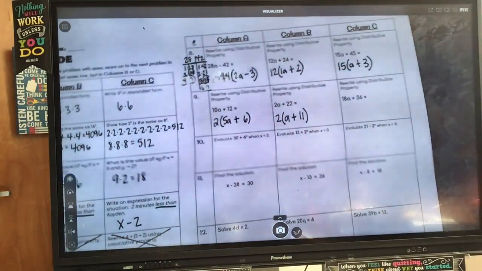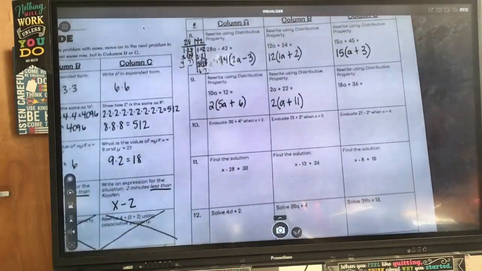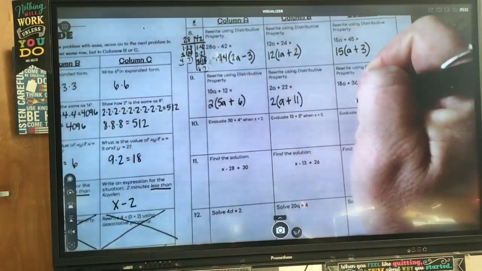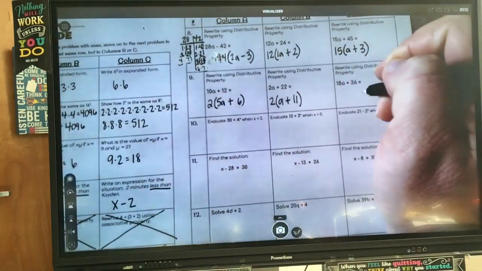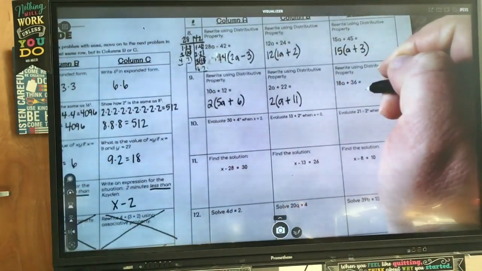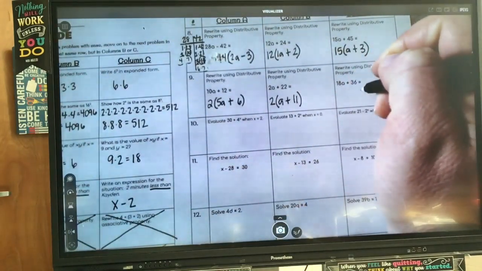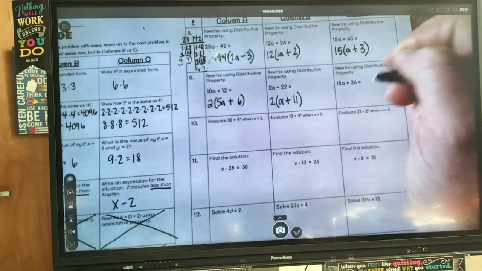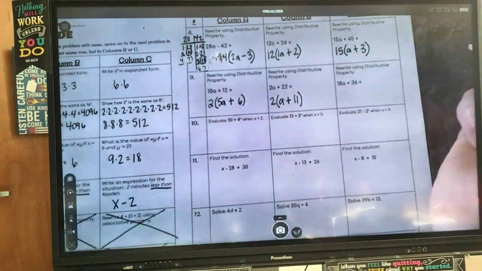Alright. And the last one. Someone walk me through this last one without me guiding. Alright, Zoe R. What number is the greatest between these two? 6.